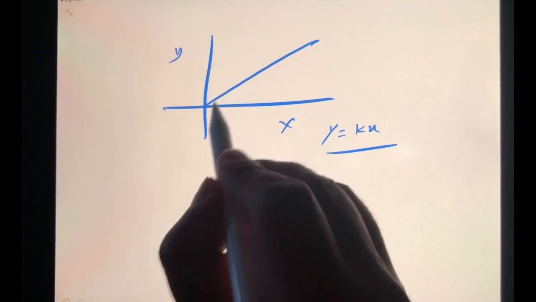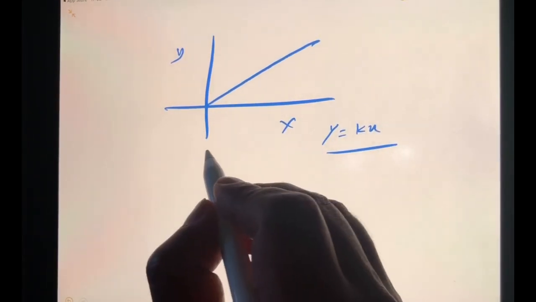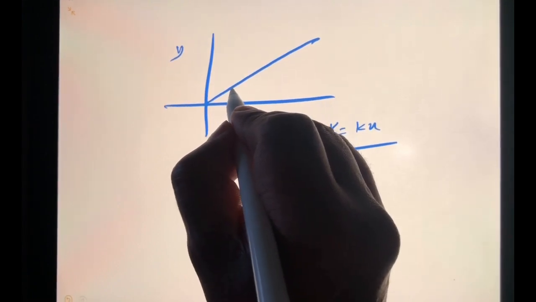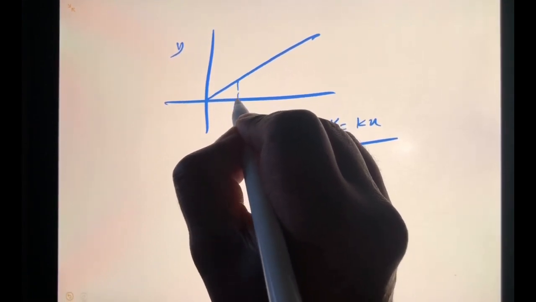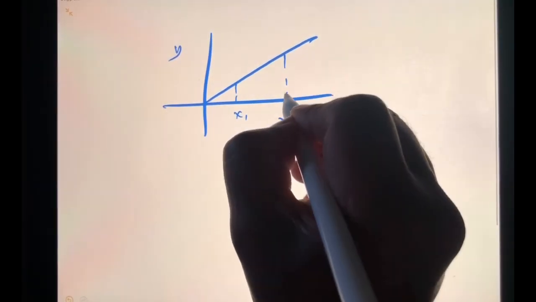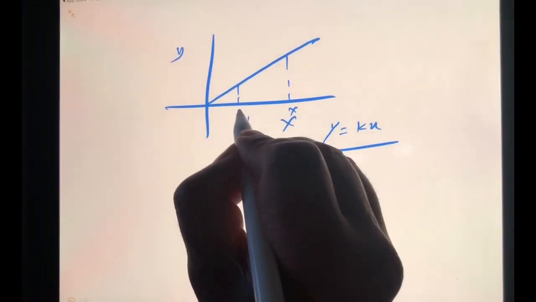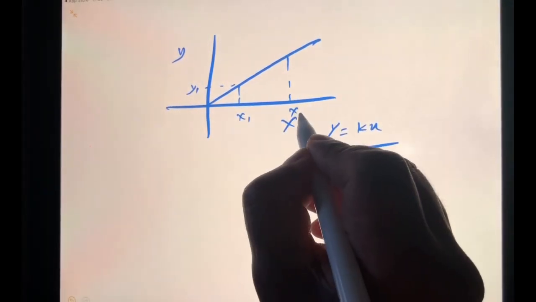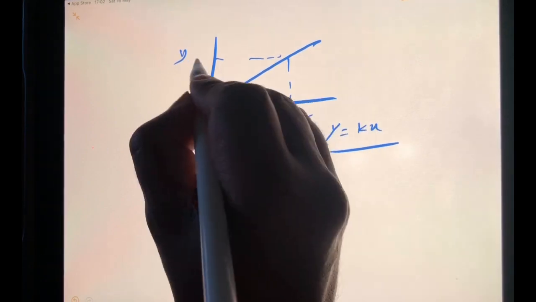Now, the significance of a straight line graph is this: say I want to calculate the slope between the intervals x1 and x2. Corresponding to x1 we have y1, and corresponding to x2 we have y2.